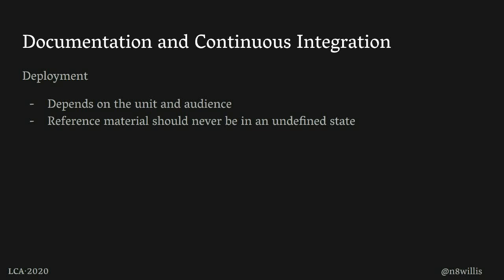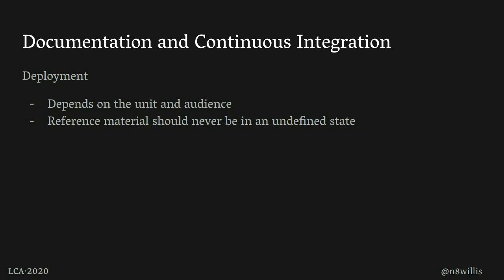The ideal case is you publish a unit whenever you're finished with it. The one thing that is probably more important to look out for is that reference material does not get published in an internally inconsistent state, where there's something that's mentioned in subsection N but is said to be deprecated in subsection M.